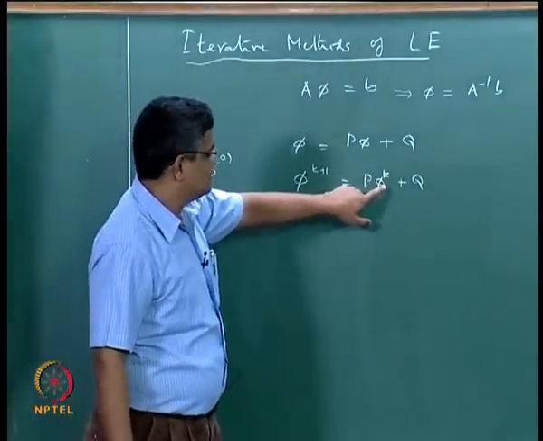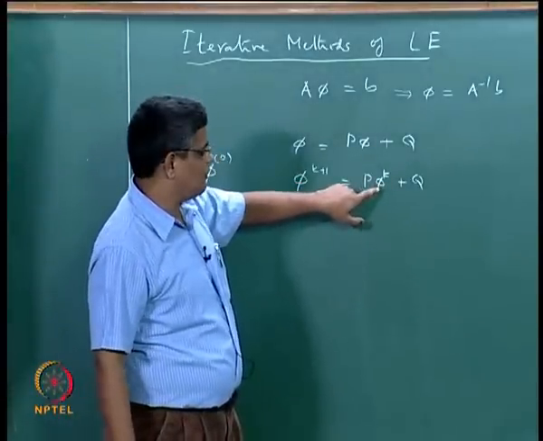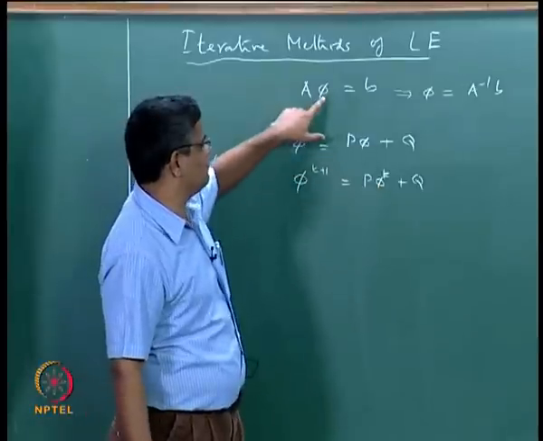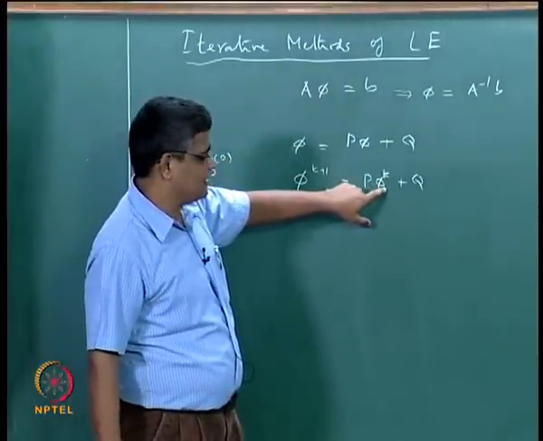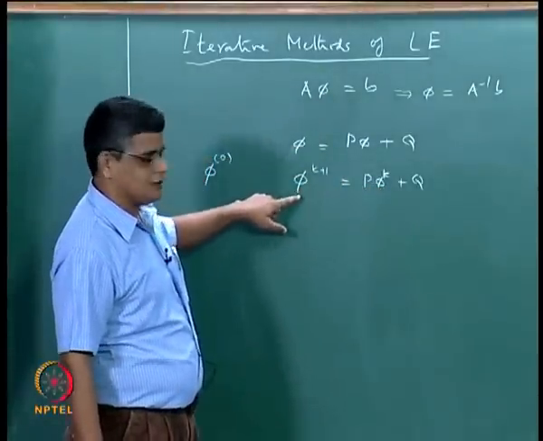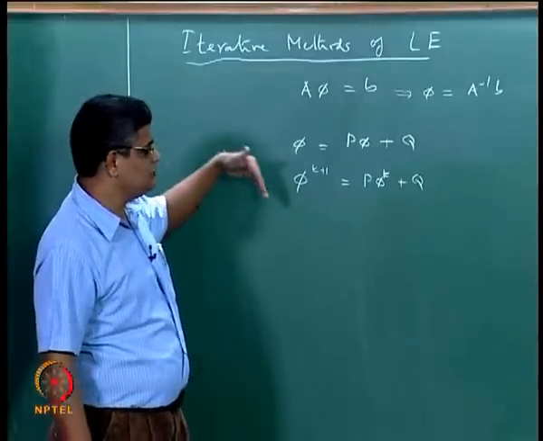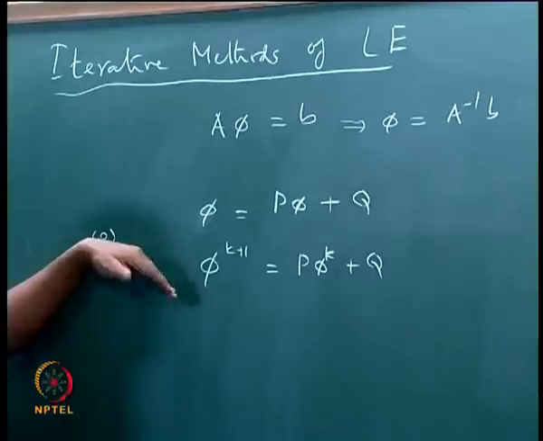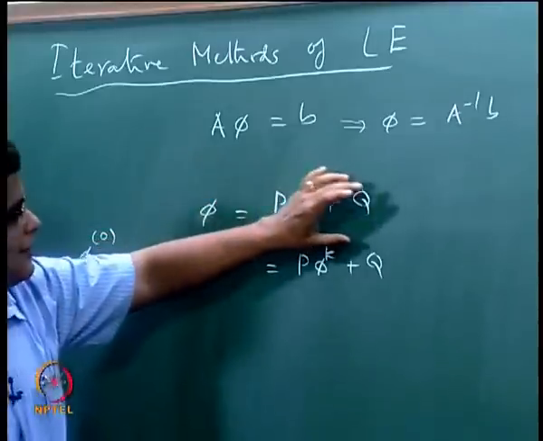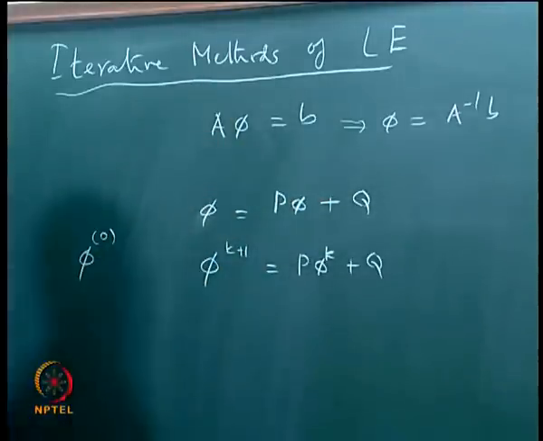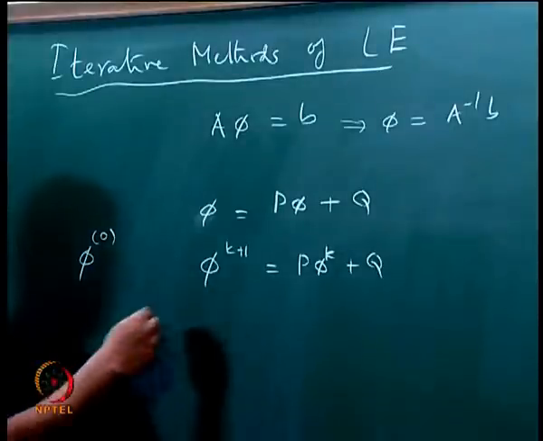So we start with an earlier value of phi, that is the set of all variables, the guess values, and then we go to the new values. We generate new values from this rephrasing of the original equation.